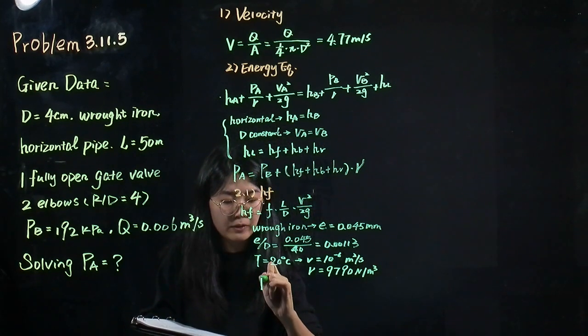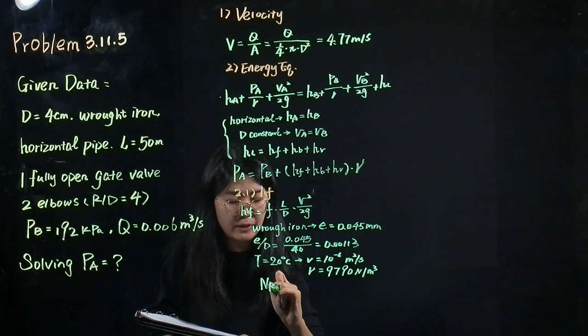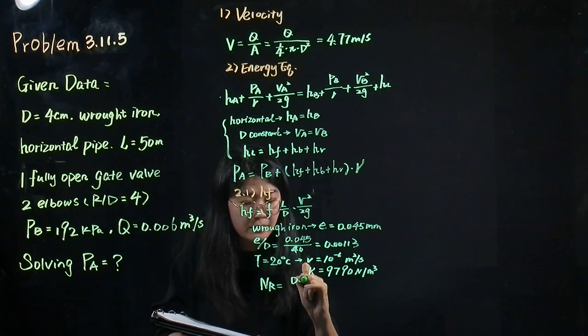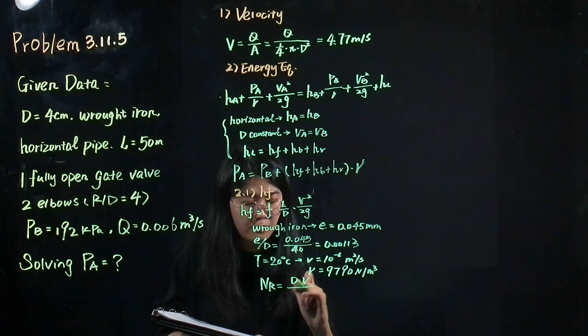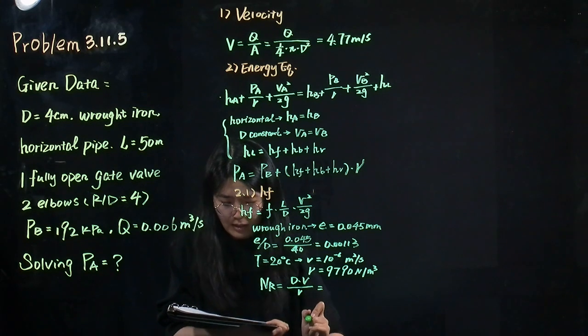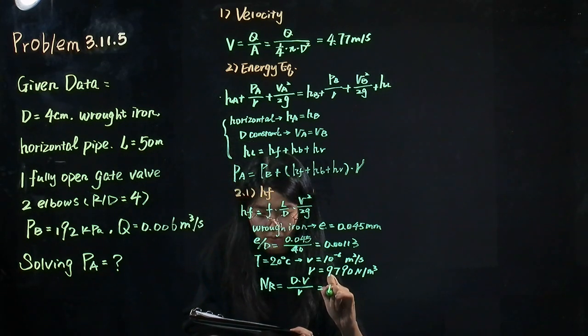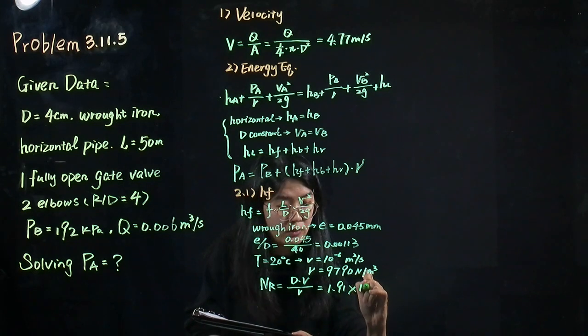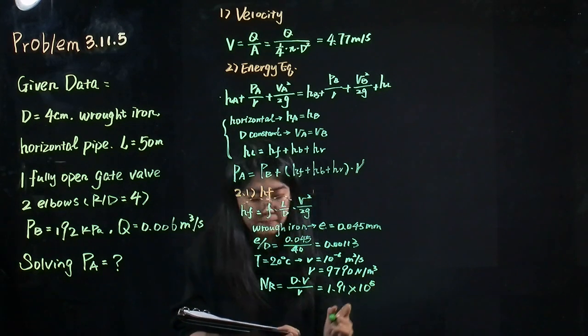Then we can calculate the Reynolds number, which is equal to the diameter times velocity over the kinematic viscosity. It is equal to 1.91 times 10 to the power of 5.